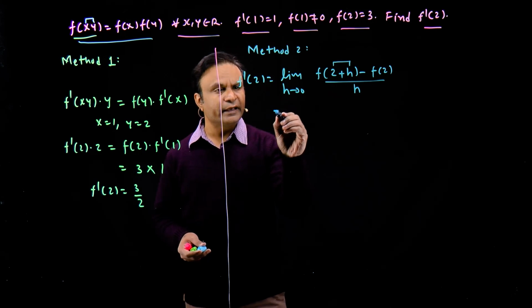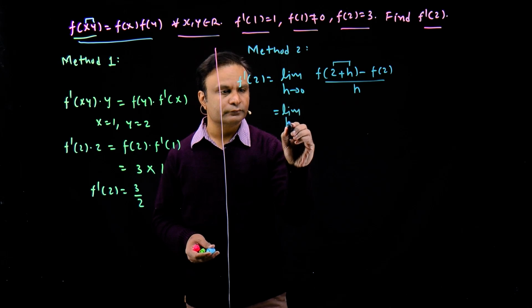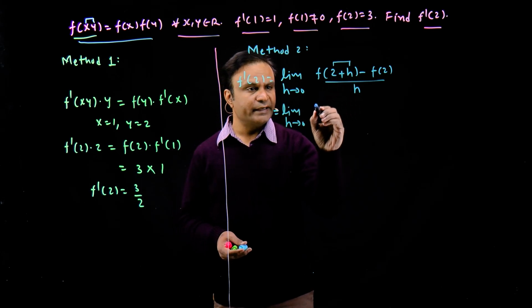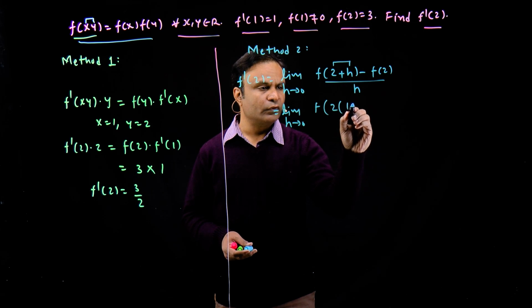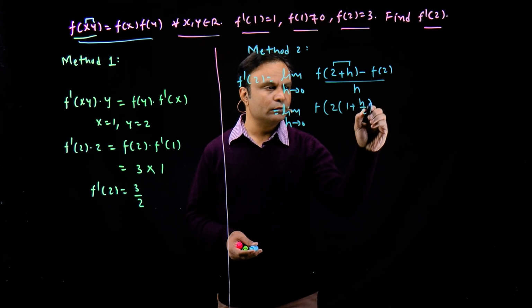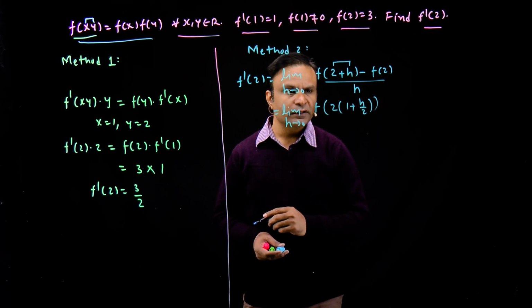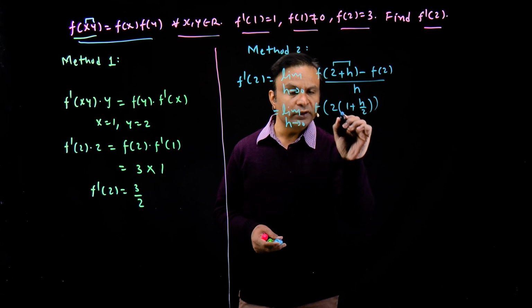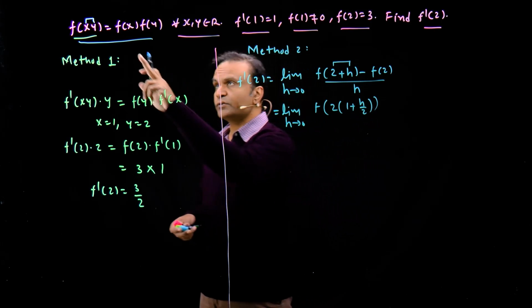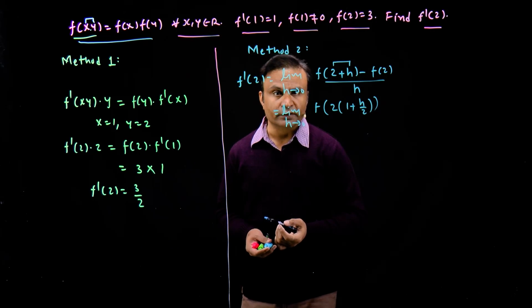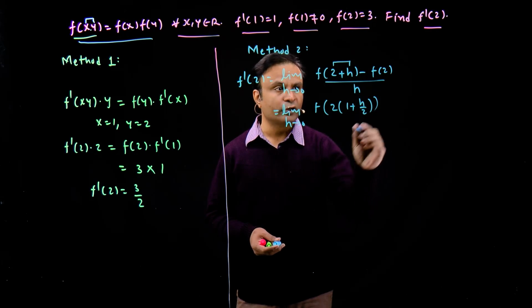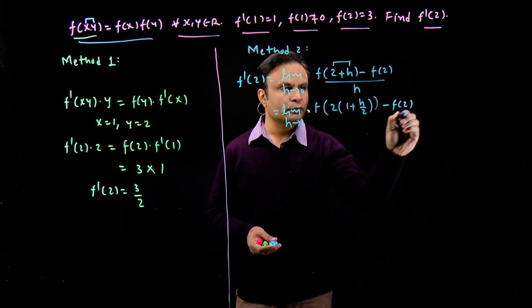We can adjust this 2 plus h as 2 multiplied by 1 plus h upon 2. I am doing this way. The reason is I want here a product so that I can use this relation, because the relation is for f of x into y. So I am creating a product here.